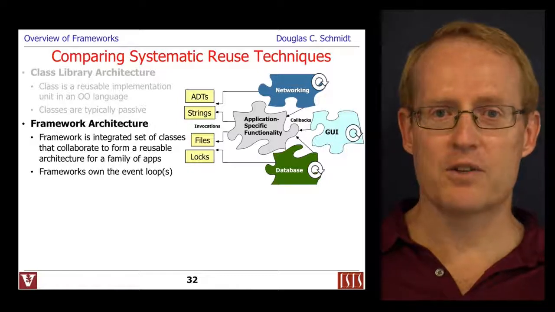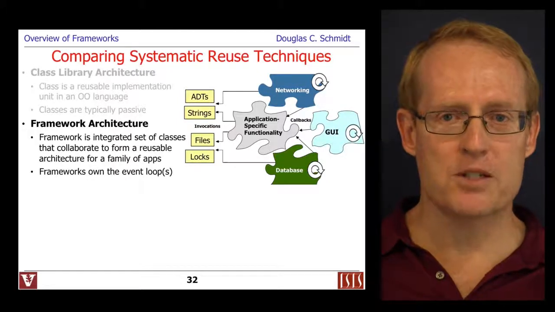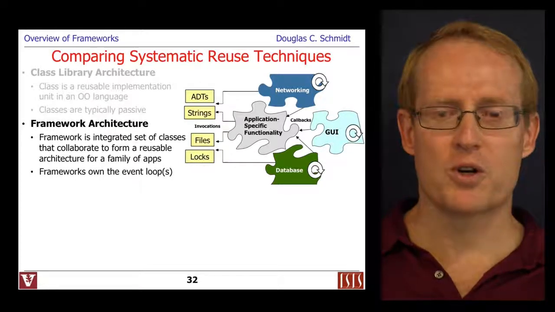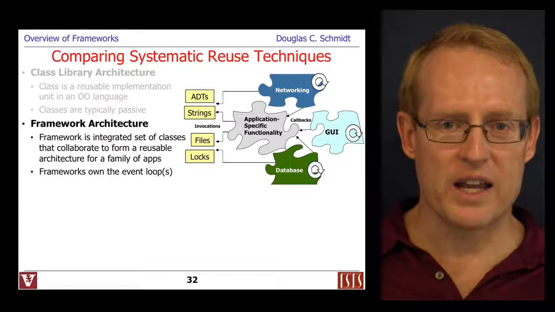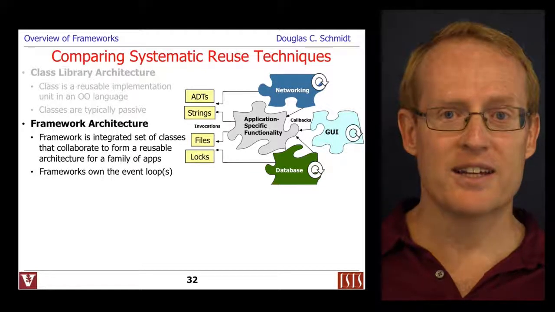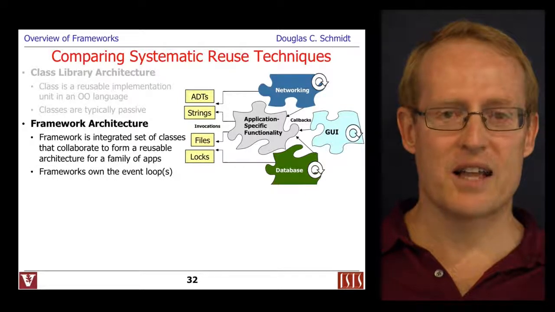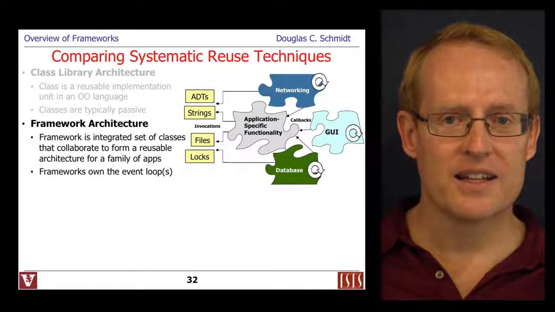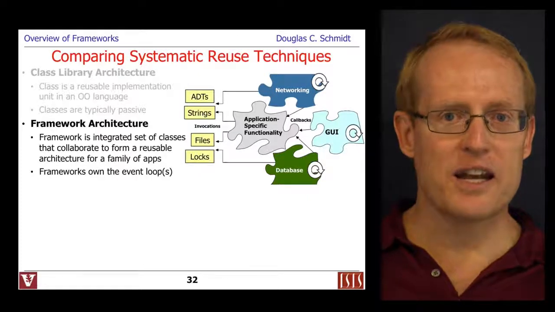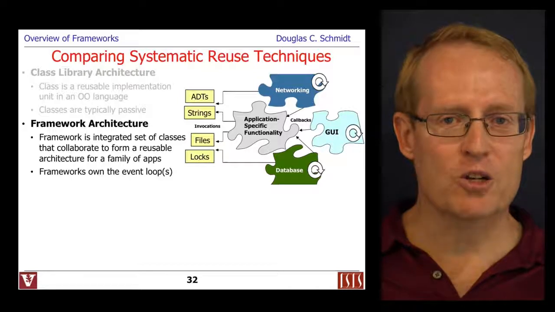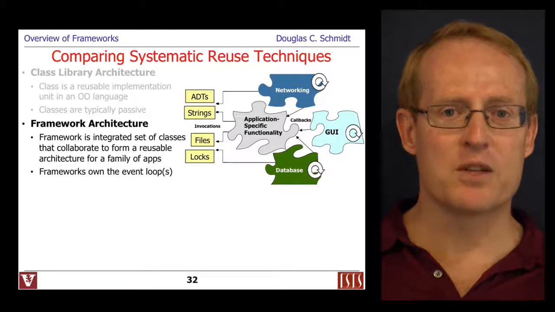Frameworks themselves are often composed of many parts of class libraries to do things like search structures, files, strings, and so on. Moreover, the application-specific logic can also use the class libraries. So a framework doesn't completely supersede class library techniques.